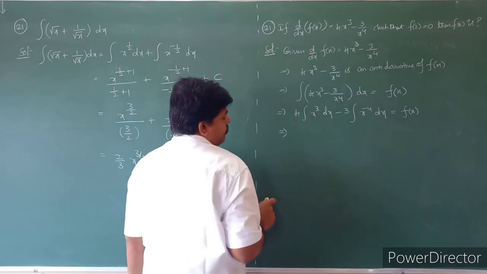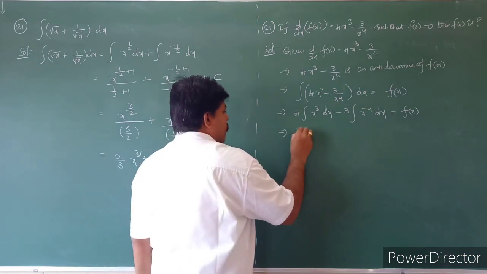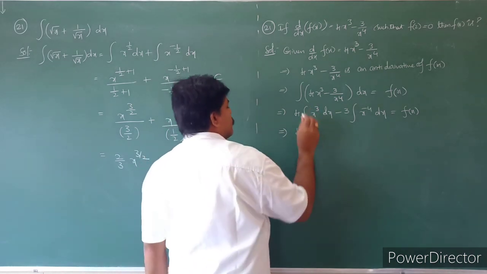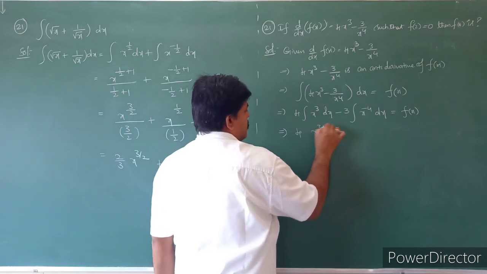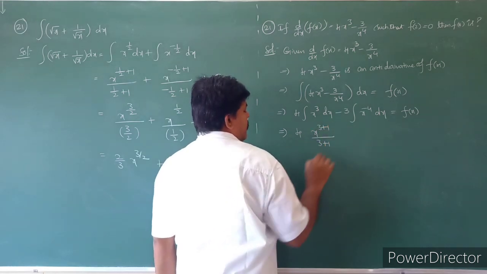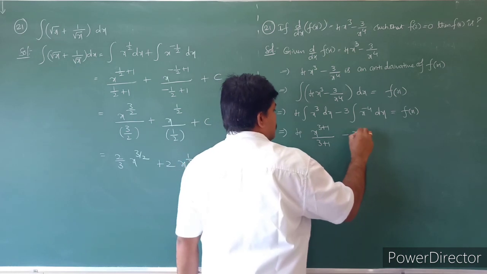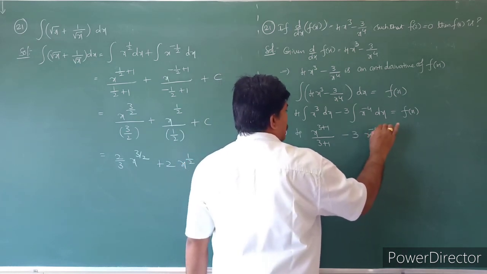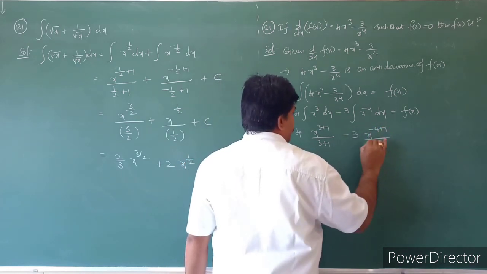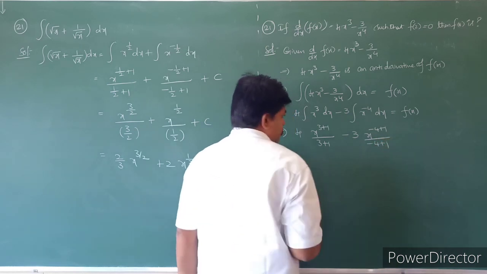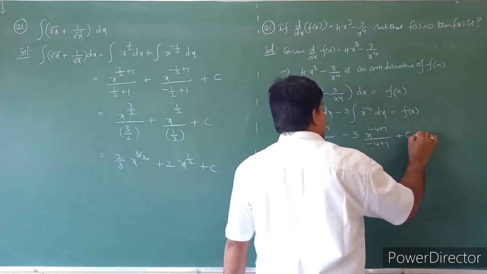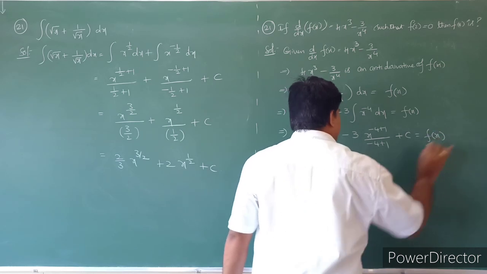That implies 4 into x cube, x cube is x power 3 plus 1 by 3 plus 1, minus 3 into x power minus 4 plus 1 by minus 4 plus 1, plus c, is equal to f of x.